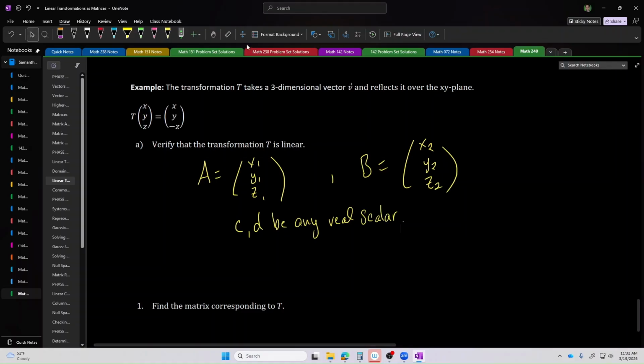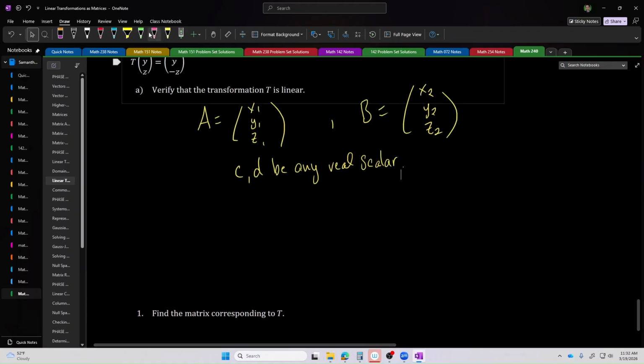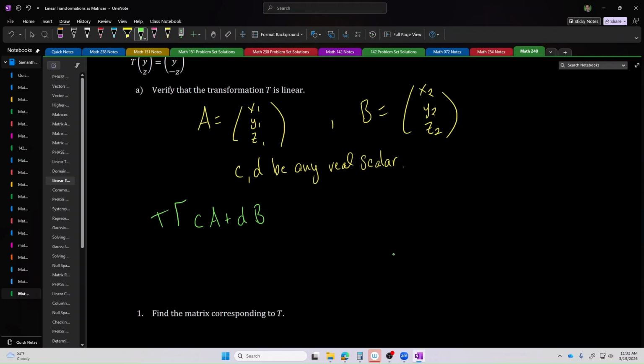And I'll consider what happens if we use the order of operations of combining the inputs first and then applying T to that result.